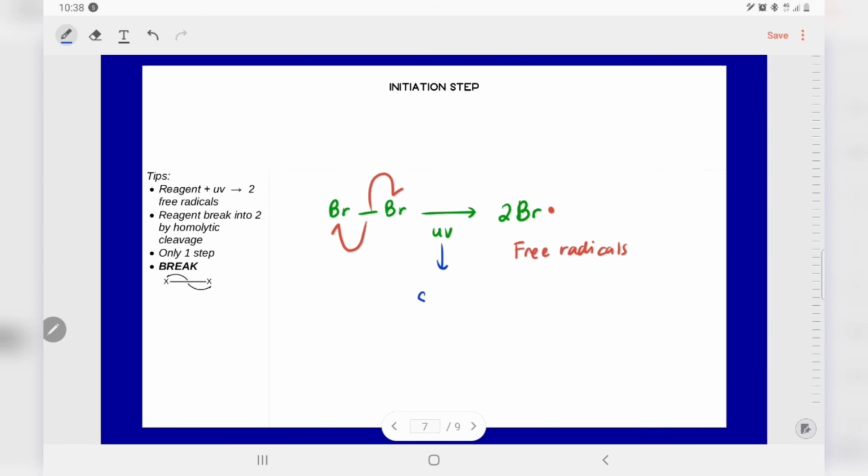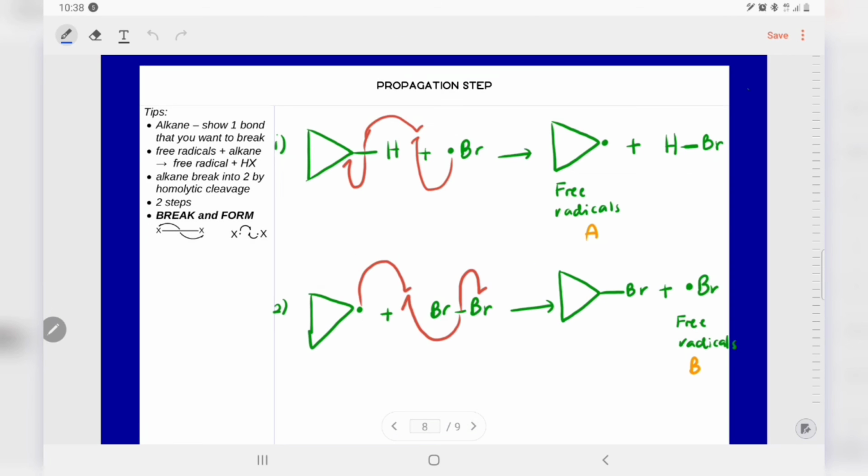UV ini function dia apa? Function dia untuk supply energy. So Br can break its bond homolytically to form free radicals. Free radical ini pula akan initiate cycloalkene untuk break its bond between C and 1H.